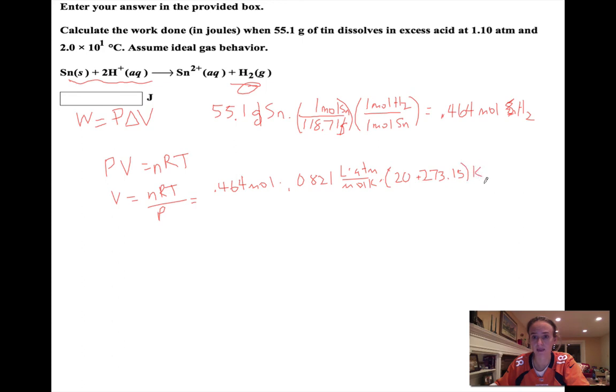That will be in Kelvin once I do that addition. But divide that by 1 atm. So if I do all that math, I should get 10.156 liters.